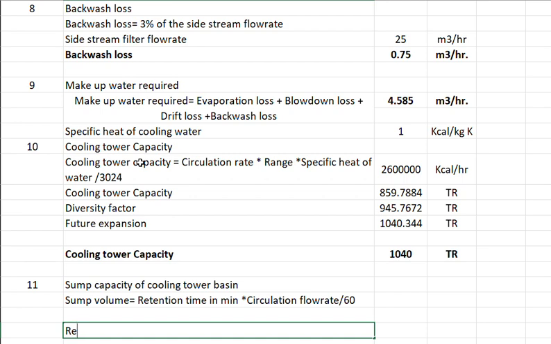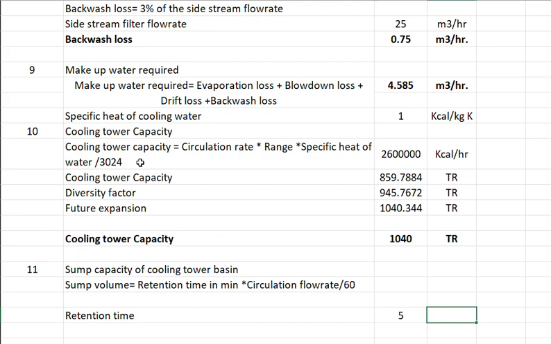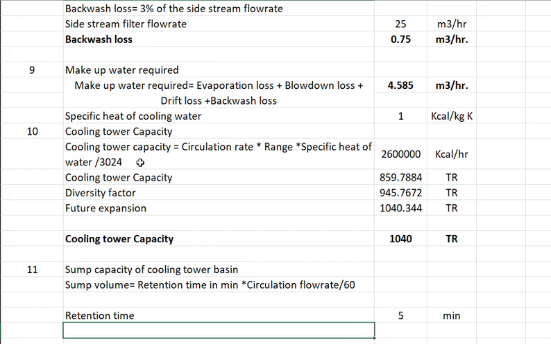Retention time you can basically consider as 5 minutes. Some industries prefer 10 minutes, because some volume is required in case of power failure or breakdown of the cooling tower fan, so you get at least some buffer time to remove the heat.